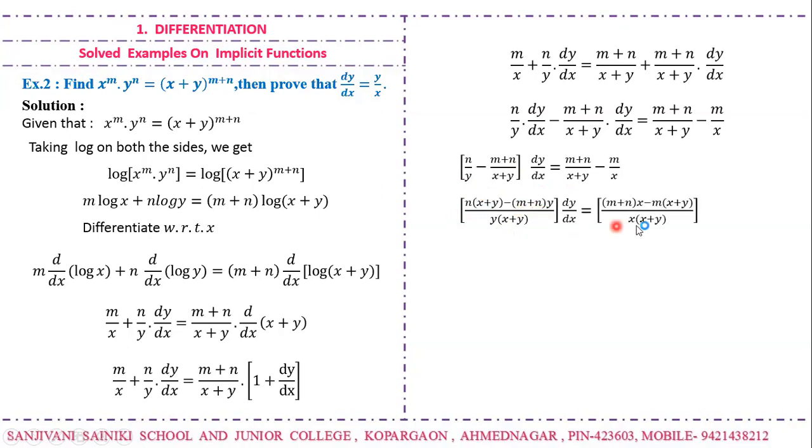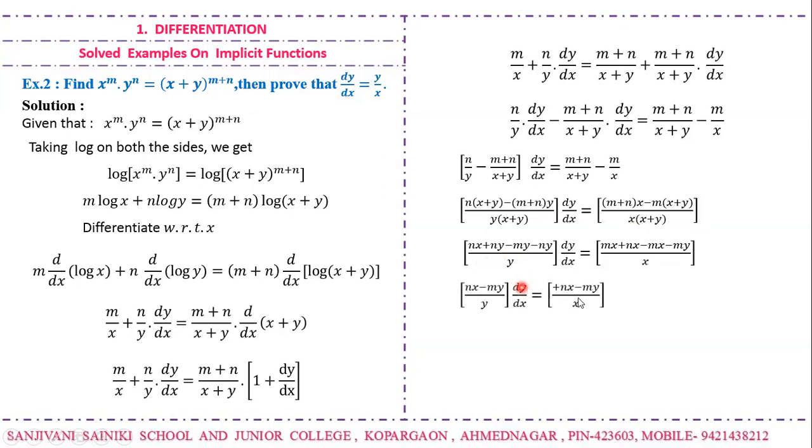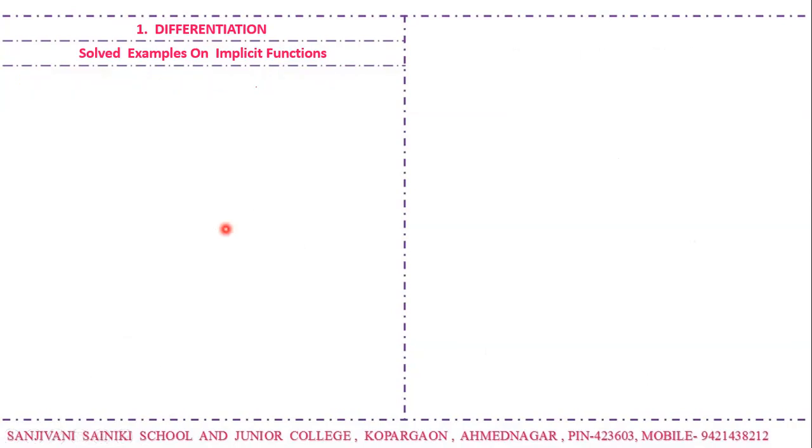After simplifying, you can see that both the sides' denominator contains x plus y, and also both the numerators are the same, so they will also cancel each other, and what we get, dy by dx is equal to y upon x. Any expression which is of this form, we will always go through this way to find the derivative of the given function.